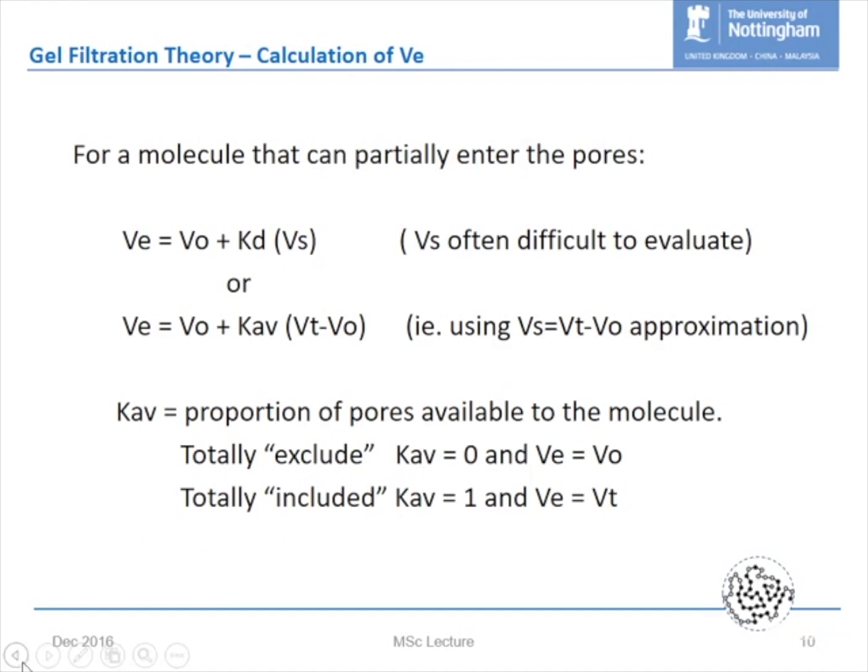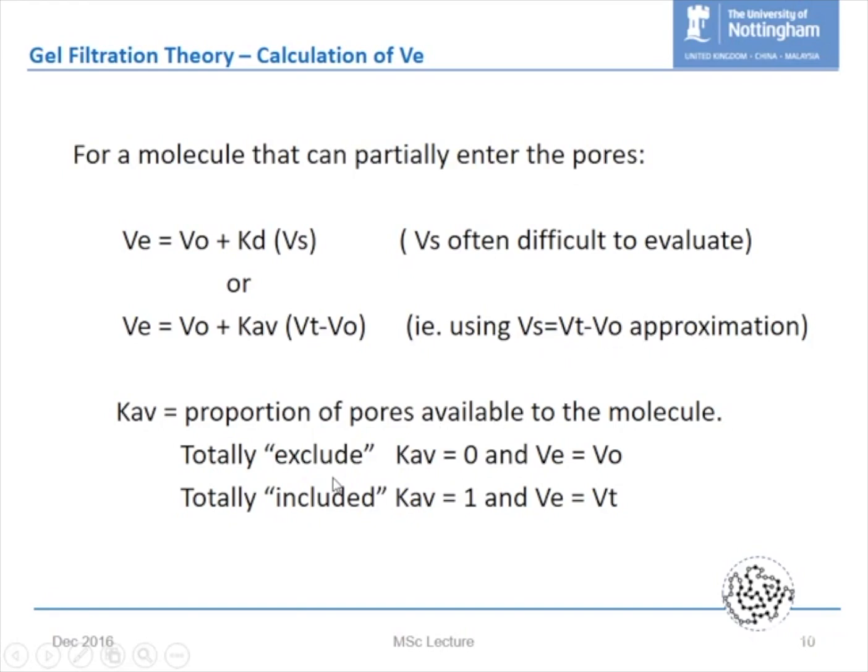But in the true sense, what we really need to do is discuss it in terms of this arrangement here. But what we can do, as I've said, is come up with a new term, KAV, where we make this approximation here, that VS equals VT minus V0.